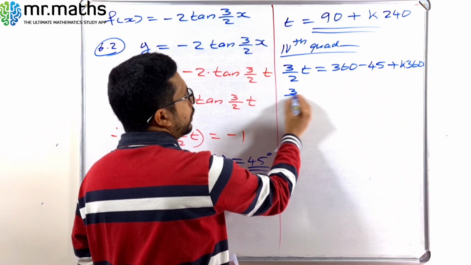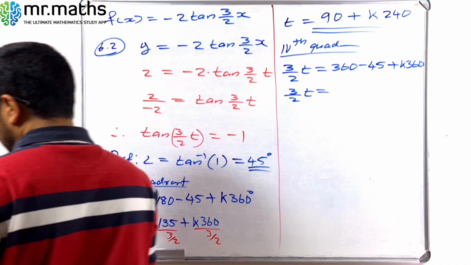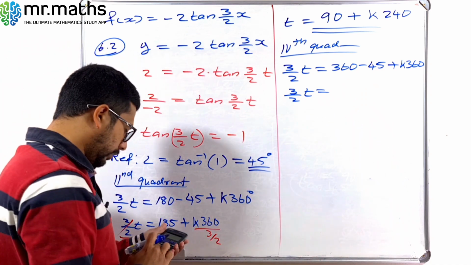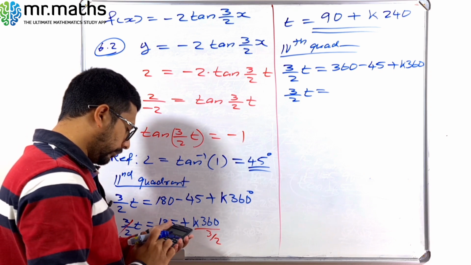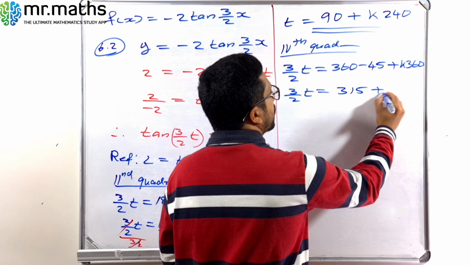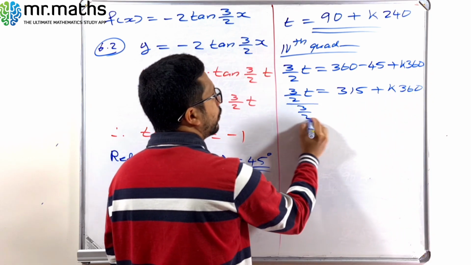So 3 over 2 t is equal to 360 minus 45, which is 315, plus k 360. Divide throughout by 3 over 2.